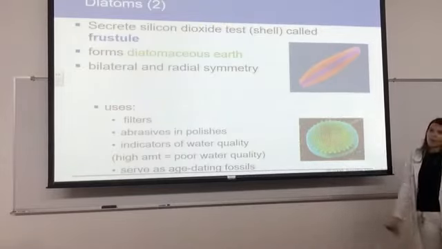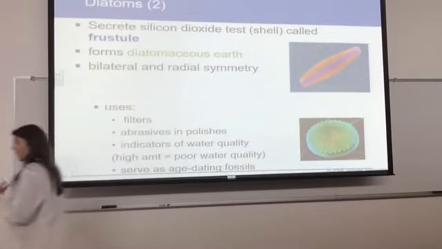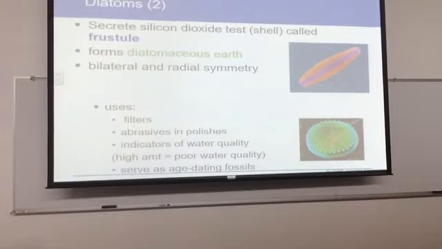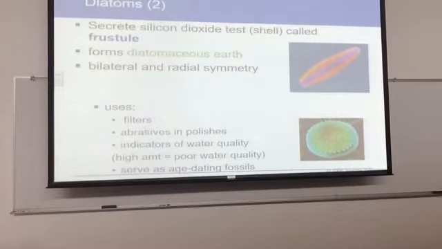Where do we find or use this diatomaceous earth, these diatoms? You'll find them in your pool filters, your fish filters. In types of polishes, we have different degrees of roughness is the word I'm thinking of right now. It says abrasives, but where we try to make it coarse to break things down.